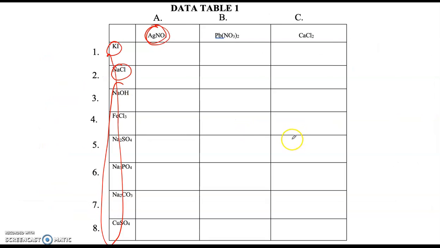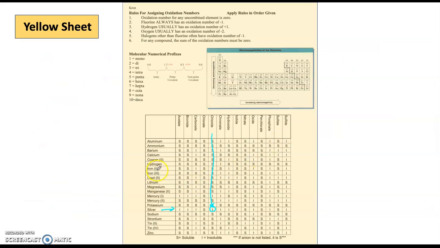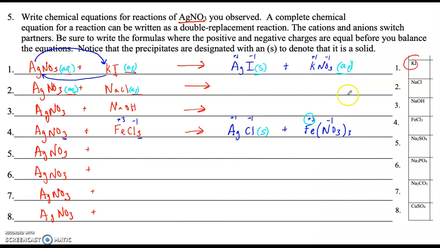Iron nitrate. Now notice this is iron with a +3 charge, so I have to make sure I'm on iron 3, not iron 2. And then that was nitrate, so I go across, nitrate, go across. That one is soluble, so I would put an AQ after this one.